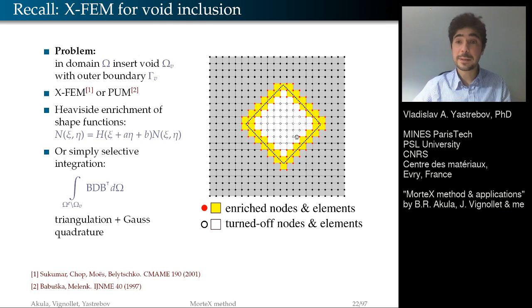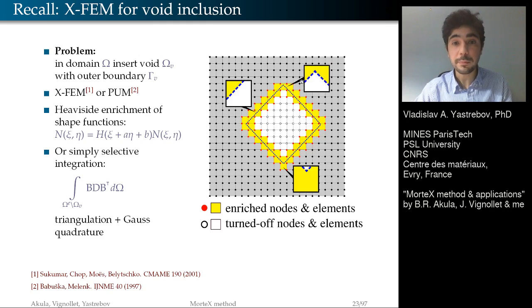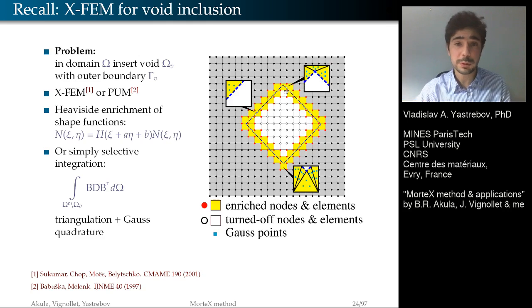To do so, we can either enrich the elements, or we can simply use selective integration and ignore all the energy inside the completely cut-out elements, and integrate the energy only in the effective part of the blending elements shown in yellow here. And to do so, we will triangulate the cut elements, distribute Gauss points inside, and evaluate this integral inside this effective zone. That's all we need from the X-FEM for the MorteX.